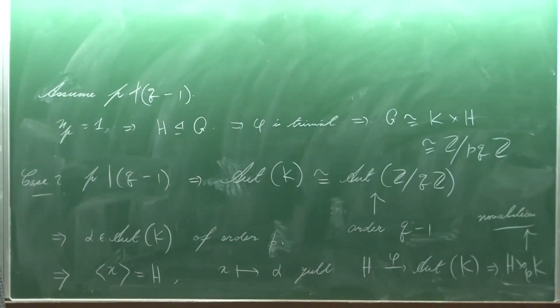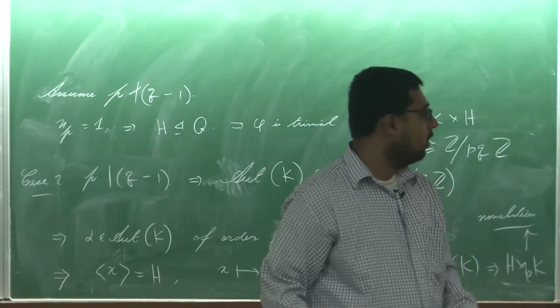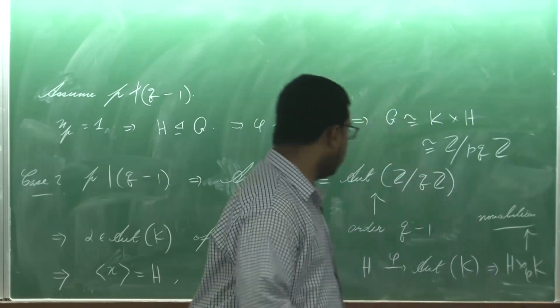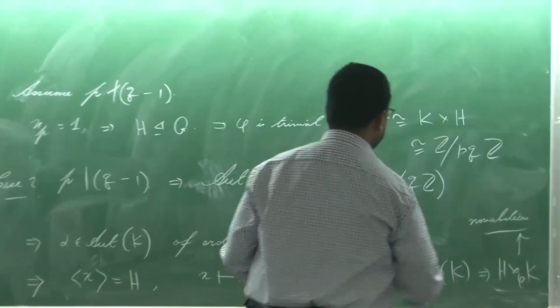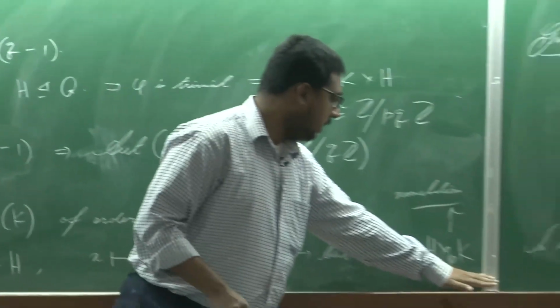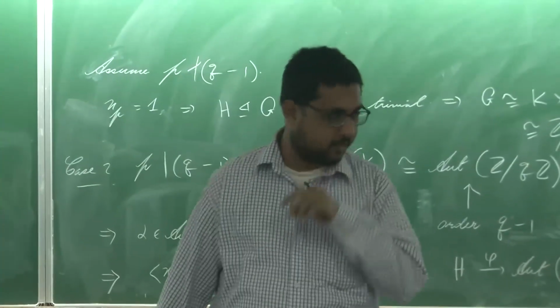For that we have to prove a theorem on the isomorphism of semi-direct products, which we will be doing in the next lecture. That isomorphism theorem will ensure that whichever alpha we choose, isomorphically we will get the same thing. So this lecture is now over.